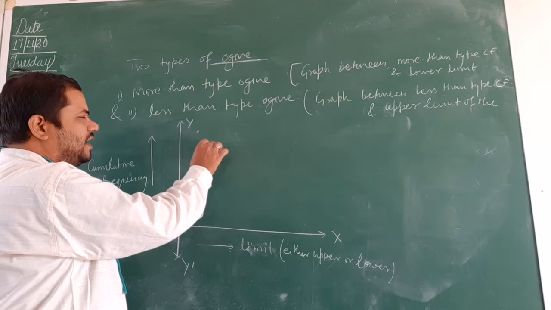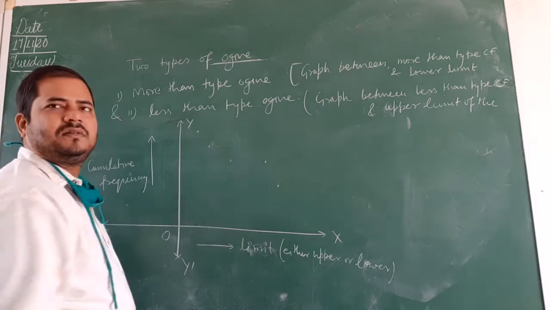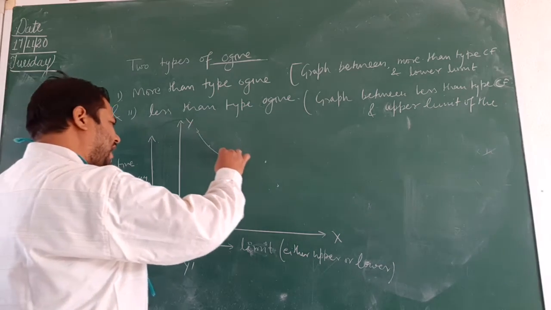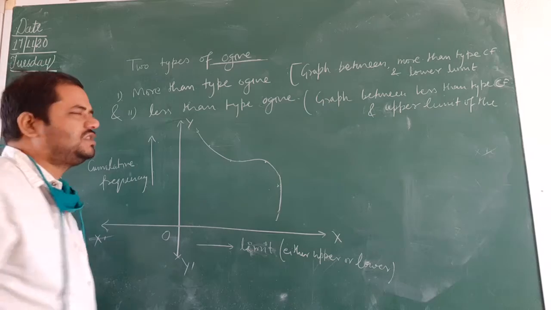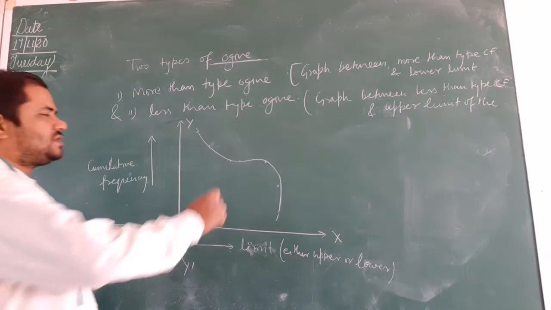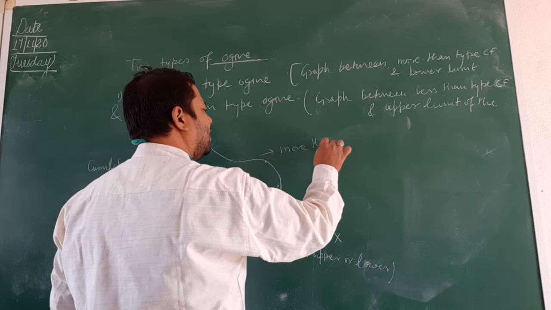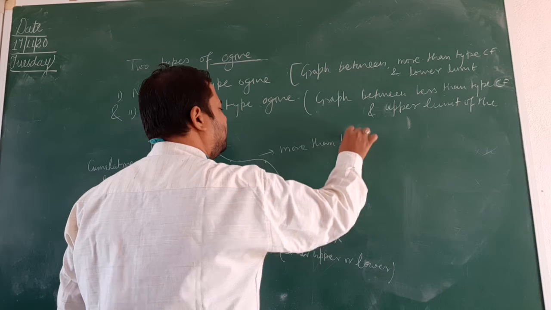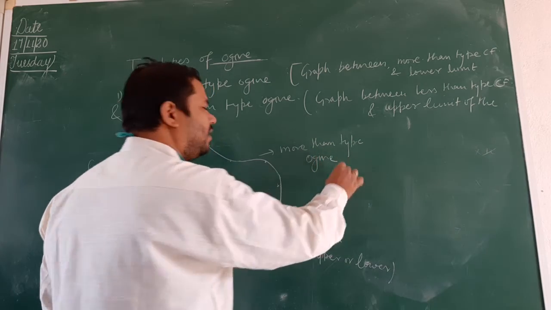Maybe here, maybe here, and you draw the freehand curve. So this is what, the more than type ogive.